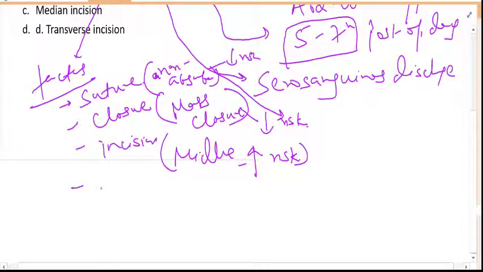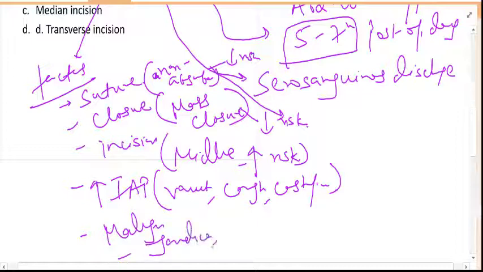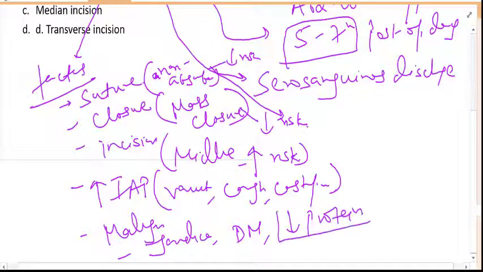Then other patient factors, like if there is increased intra-abdominal pressure, like vomiting, cough, constipation, obesity, distension, all those things, malignancy, the patient is having jaundice, diabetes, hypoproteinemia is very important, especially hypoalbuminemia.